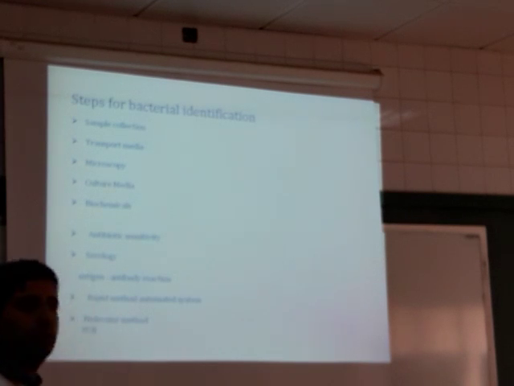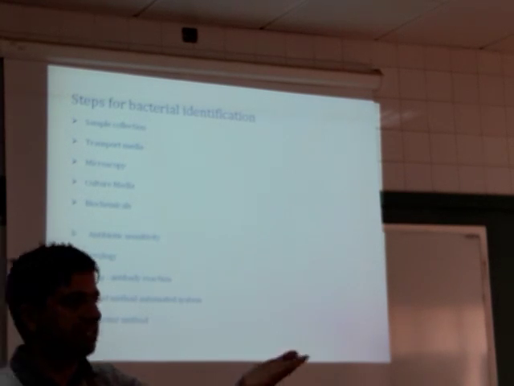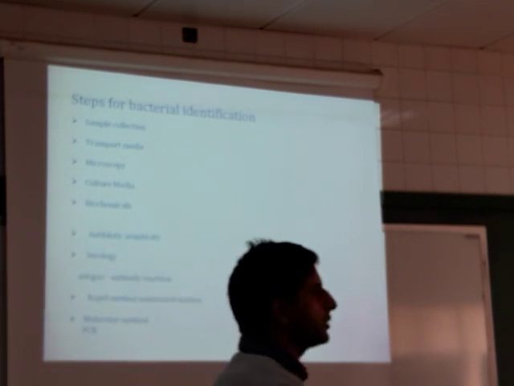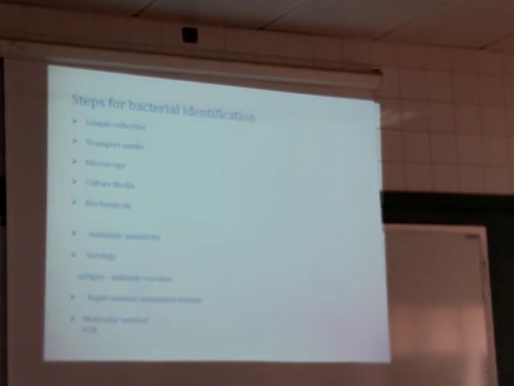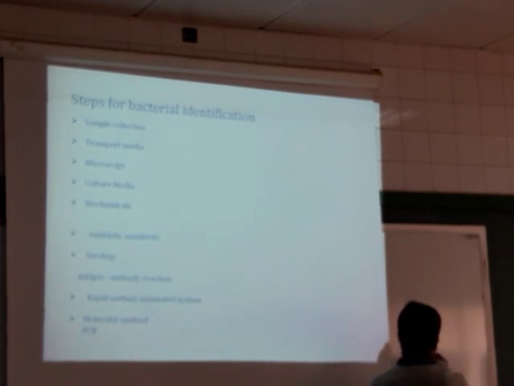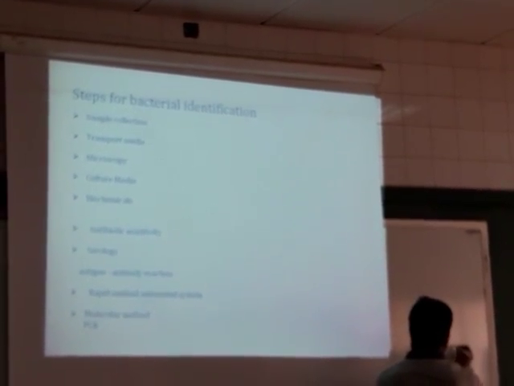Then microscopy, you know microscopes are here. You can see under the microscope whether bacteria is gram positive, whether it is gram negative, whether it is cocci, whether it is chain shaped, whether they are in clusters. So the microscope gives you two things: after the gram stain, you will say it is gram positive or gram negative.